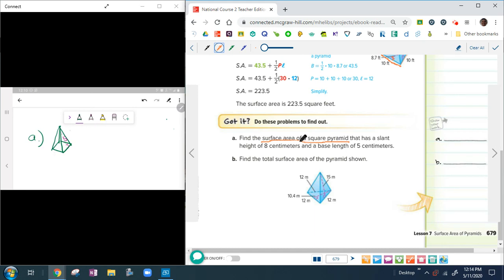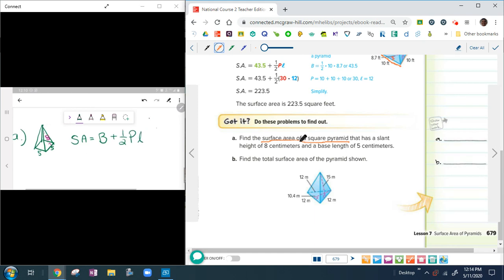Oops, no, the slant height is 8. My bad. Is that right? Oh, and the sides of the base length is 5. So that's going to be 5 by 5. All right, so let's write down that formula. Surface area equals big B plus 1/2 capital P cursive L.